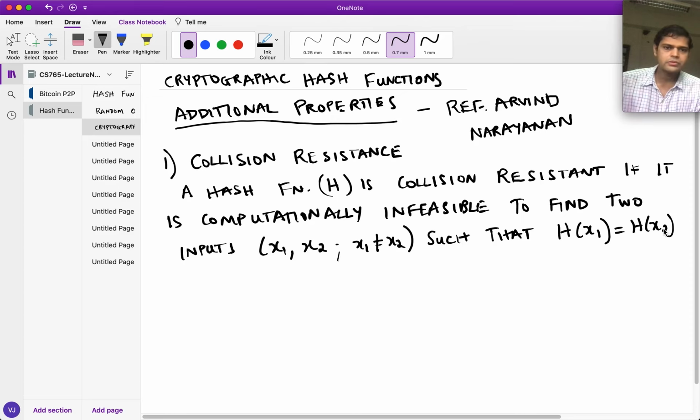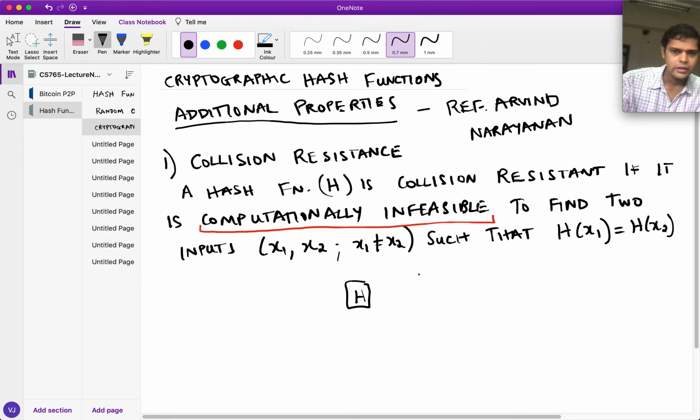And if you think about it, why do I use this term computationally infeasible? Why don't I just say that there cannot be any collisions at all? That's theoretically impossible. You have the hash function and the output space is of size 2 to the power of n. And what is the input space?